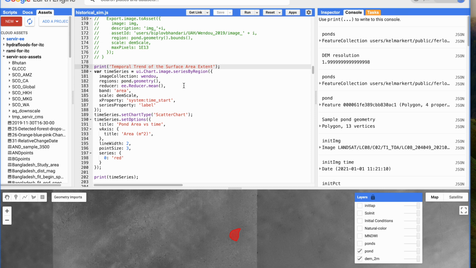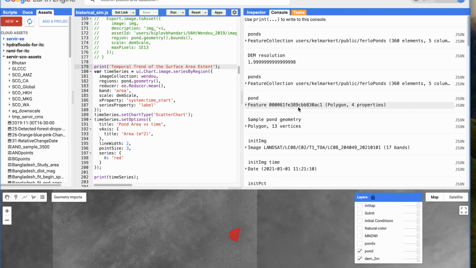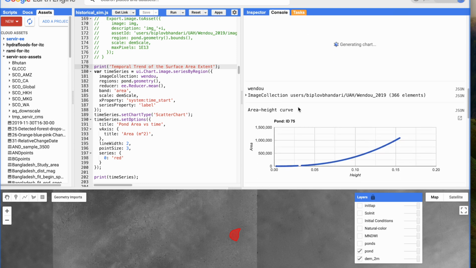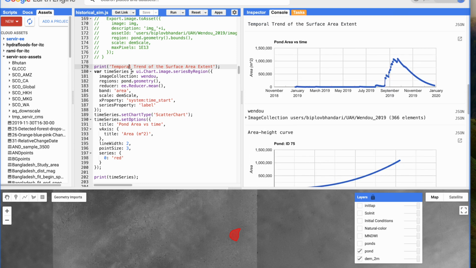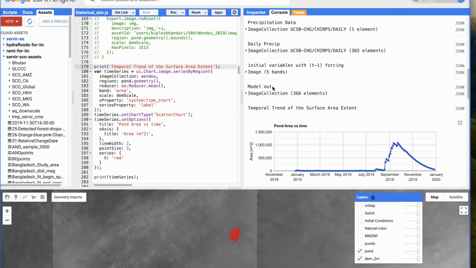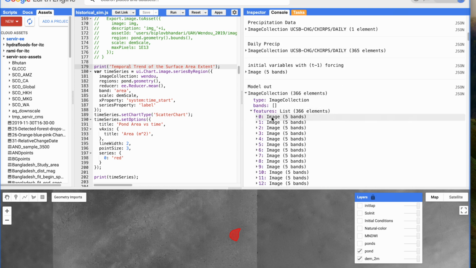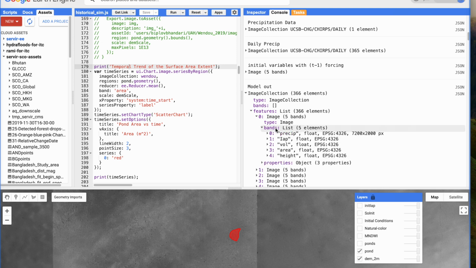And once you export that, in this line of code we're just getting those image collections, because you remember this model out has 5 bands in them, including volume, area, and height.